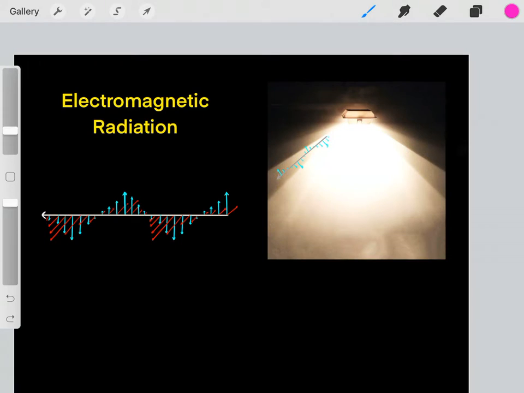If we have a strong electric field pointing in this direction, then we'll have a strong perpendicular magnetic field pointing in this direction. If we have a weak electric field pointing in this direction, then we will have a weak perpendicular magnetic field. So this electromagnetic radiation is made out of these oscillating electric and magnetic fields.